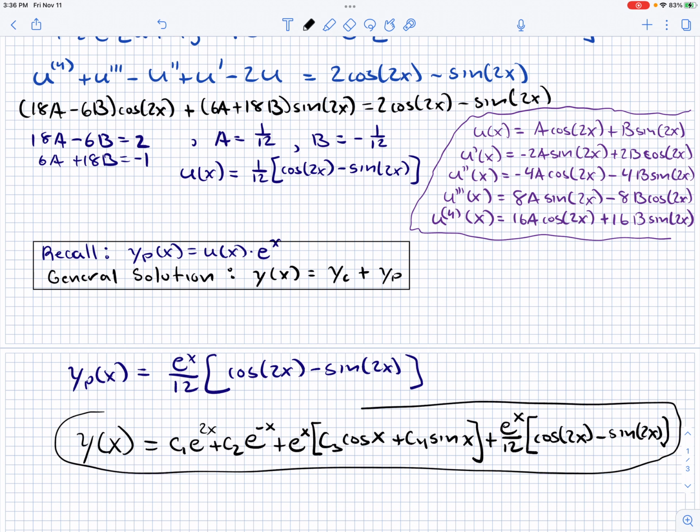And that is our general solution to the differential equation.